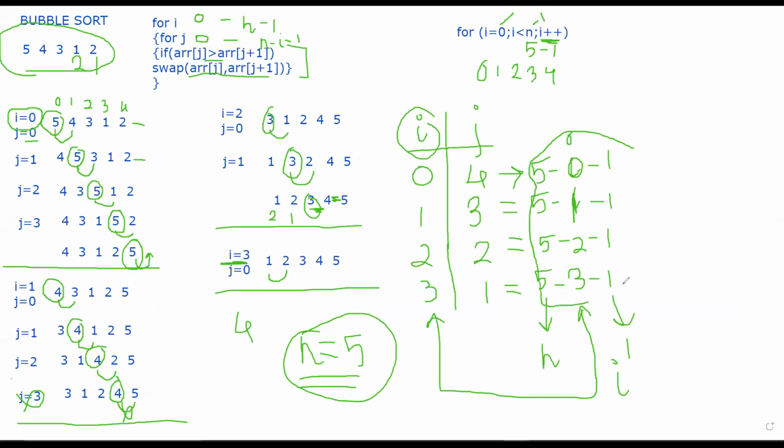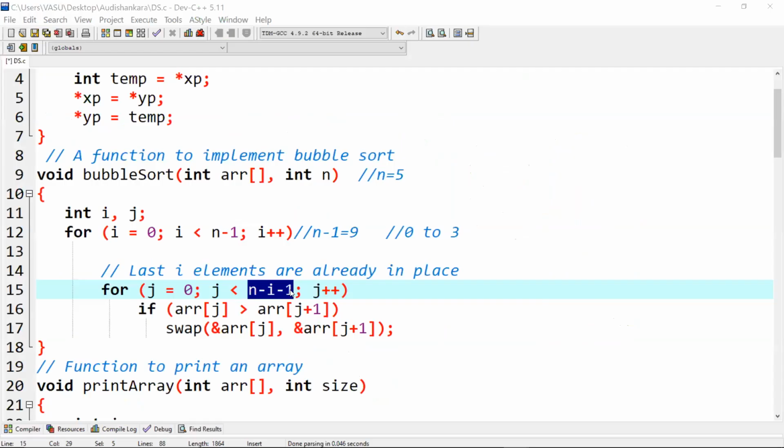This equation represents n minus i minus 1. n is 5, and i is the value of i at that iteration, minus 1. So this is nothing but what I have written in the j loop: n minus i minus 1. And then just keep on incrementing the value of j.